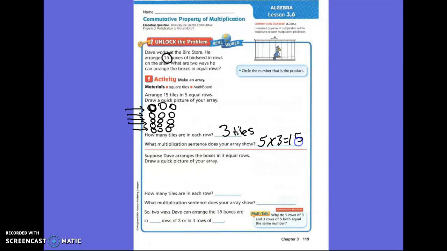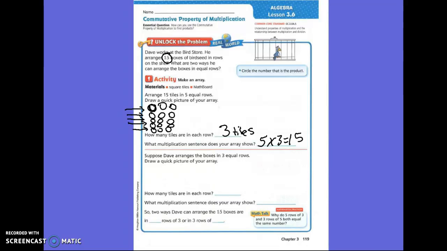Okay. There's our multiplication sentence. 5 for the rows, 3 for how many in each row, and equals 15. And remember, that is how we're supposed to do the order. The rows, and then how many in each row? Yes. It doesn't just say 1. It says, what are 2 ways? I know, we're doing the next way down here.